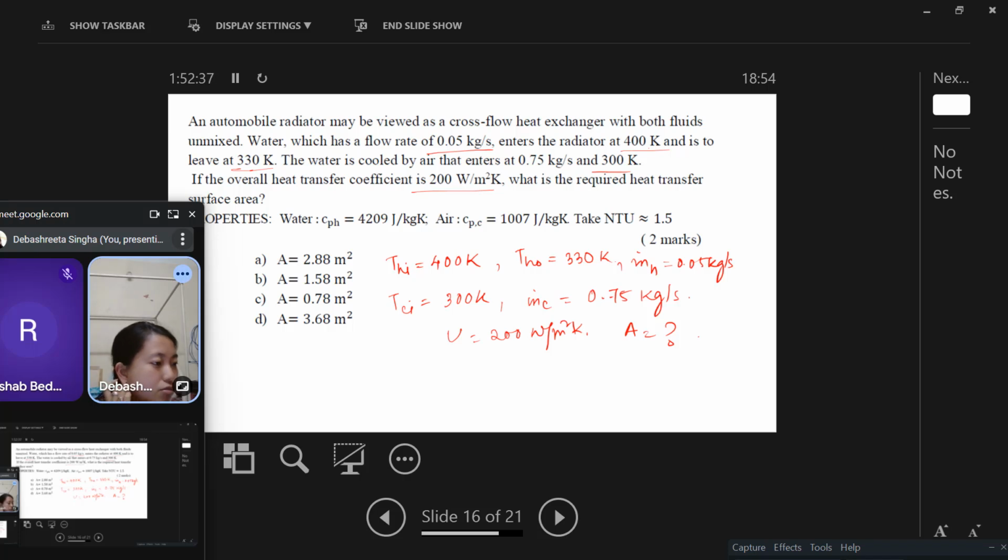Area you have to find out. So here they have given CPH, CPC, so the NTU method can be used here also for a cross flow heat exchanger. It is not only for shell and tube. Here, same thing, you can proceed in the same way.